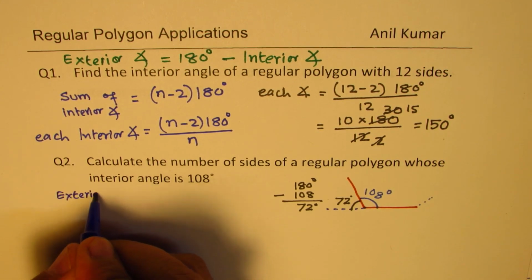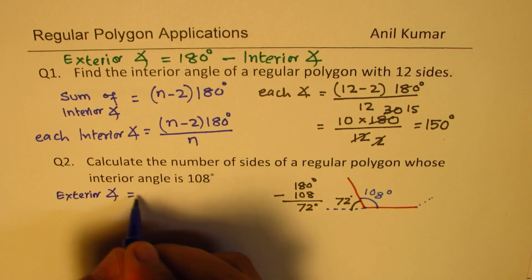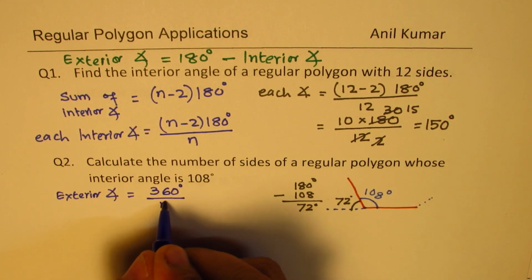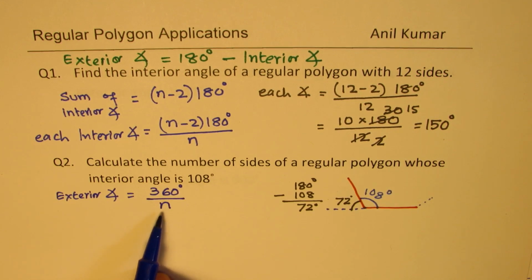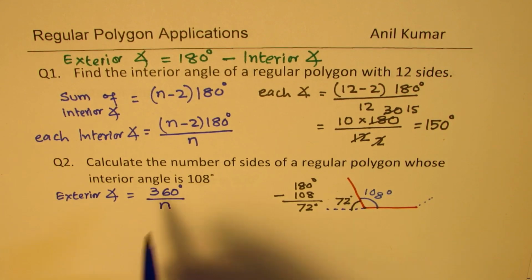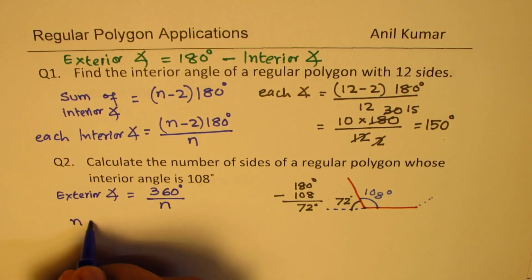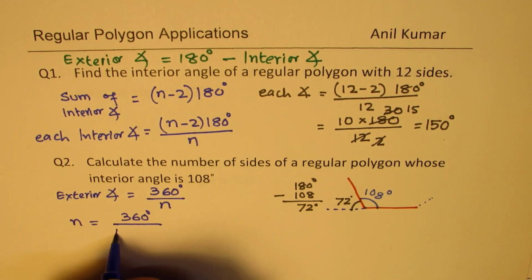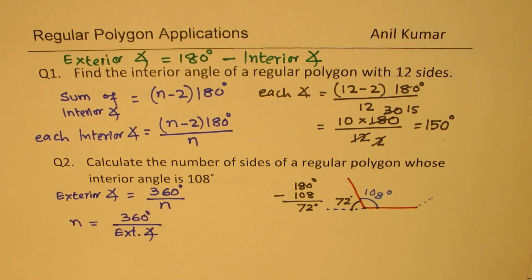So, you know the exterior angle formula? Exterior angle is 360 degrees divided by the number of sides. So, that is a very straightforward formula, correct? Now, in this case, we know what the exterior angle is. So, I can use the formula n equals 360 degrees divided by, let me write in short, the exterior angle. Does it make sense to you?